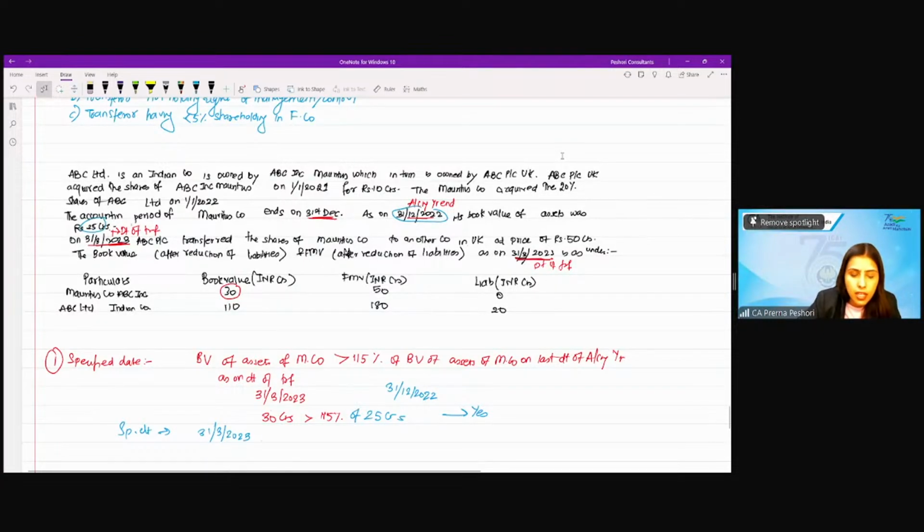It has to be FMV considering the liabilities also, without reduction of the liabilities. Are we getting it? Yes or no? So here, what is the value that you will take now? 180 plus 20, which is 200 crores. Are we clear? Yes or no? Yes?